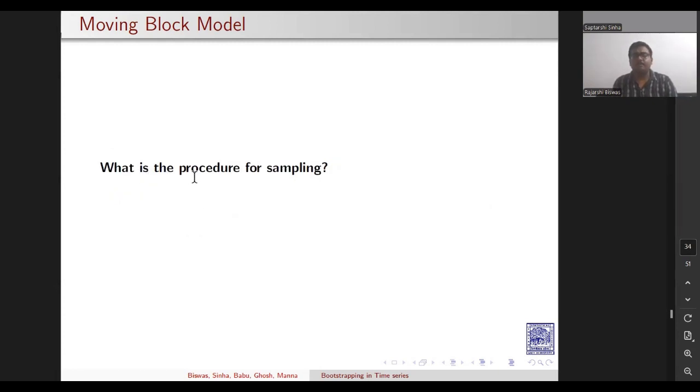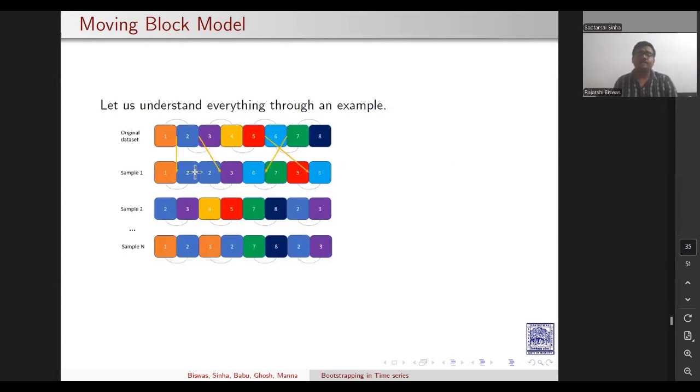Let us understand the procedure of sampling through an example. Say we have 8 data points, that is the original data: 1, 2, 3, 4, 5, 6, 7, and 8. Now, say this is an MA(1) model.